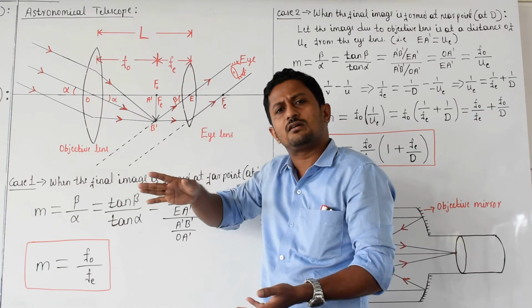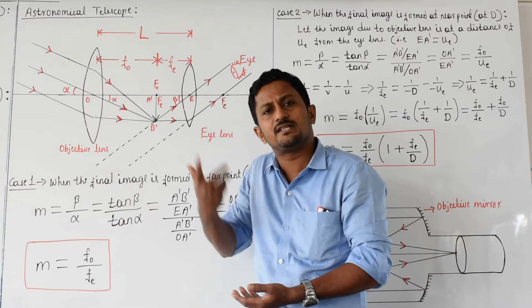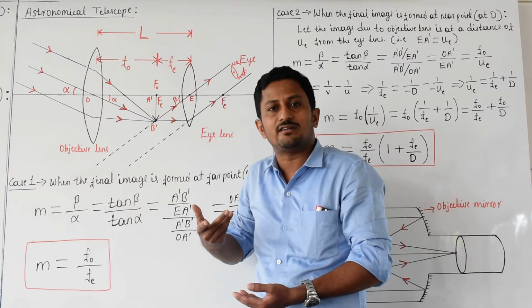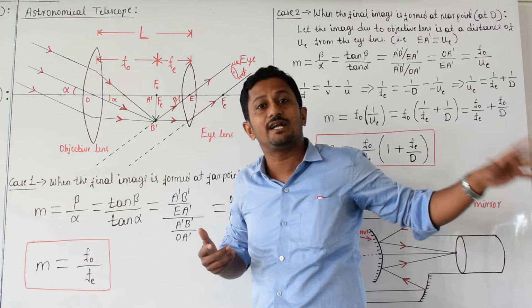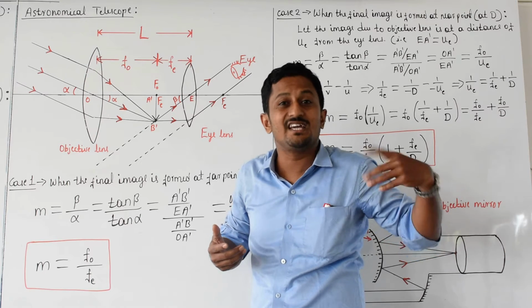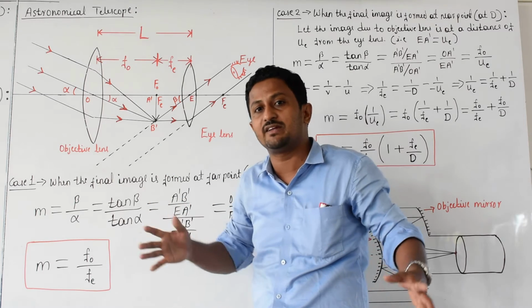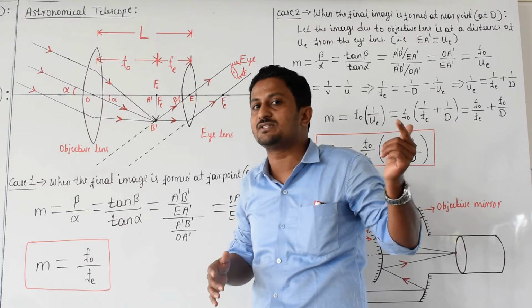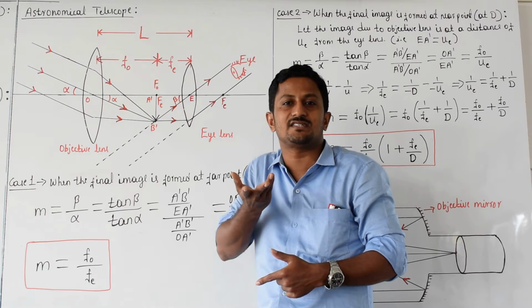Then why does the eye lens have more aperture? There we need a much enlarged image of that object. Enlarged means we get a highly magnified virtual erect image, which we watch through this eye lens.